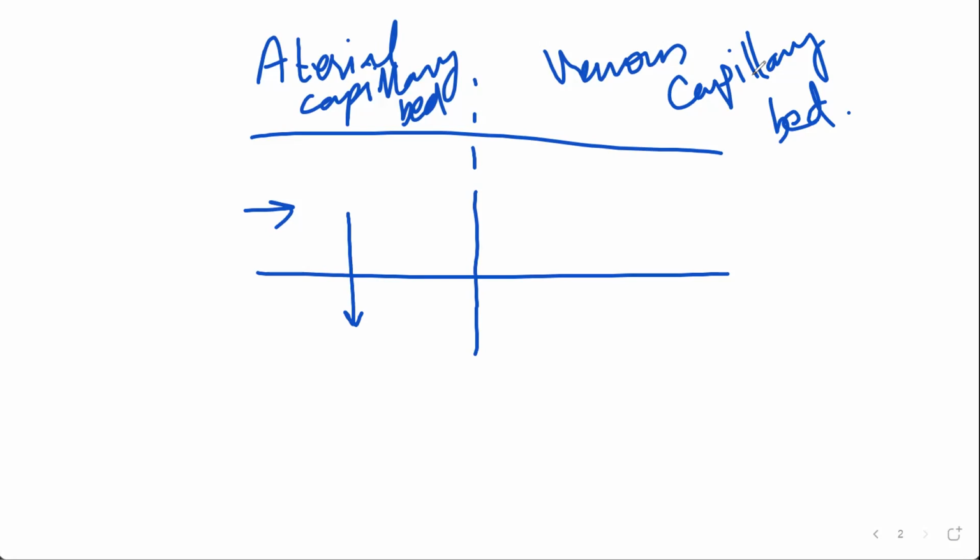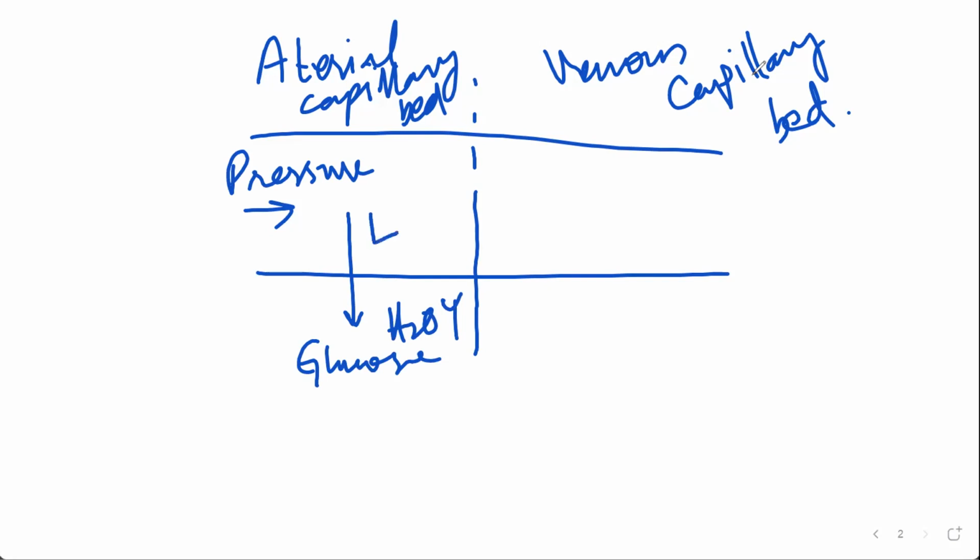When the blood comes here with pressure, it leaks out. So this is the pressure that is allowing the plasma to leak out from the capillary gaps, right? When that plasma comes here, obviously it has some glucose in it, it has mostly water in it, right? The water potential will be high here.